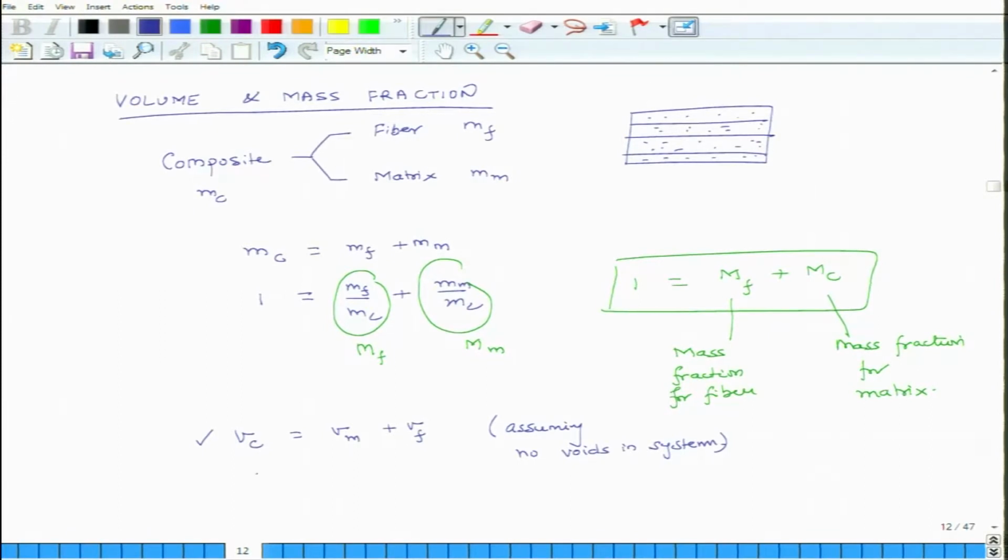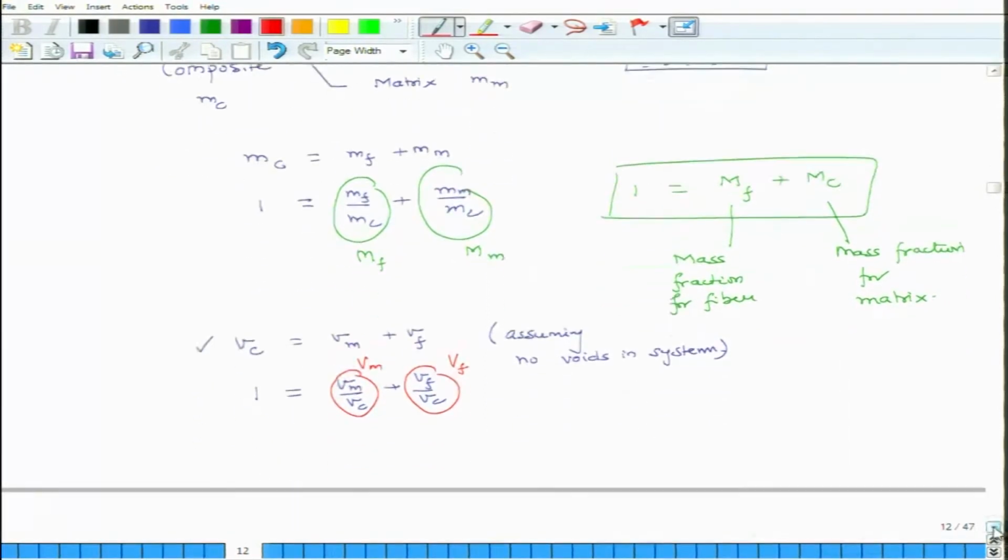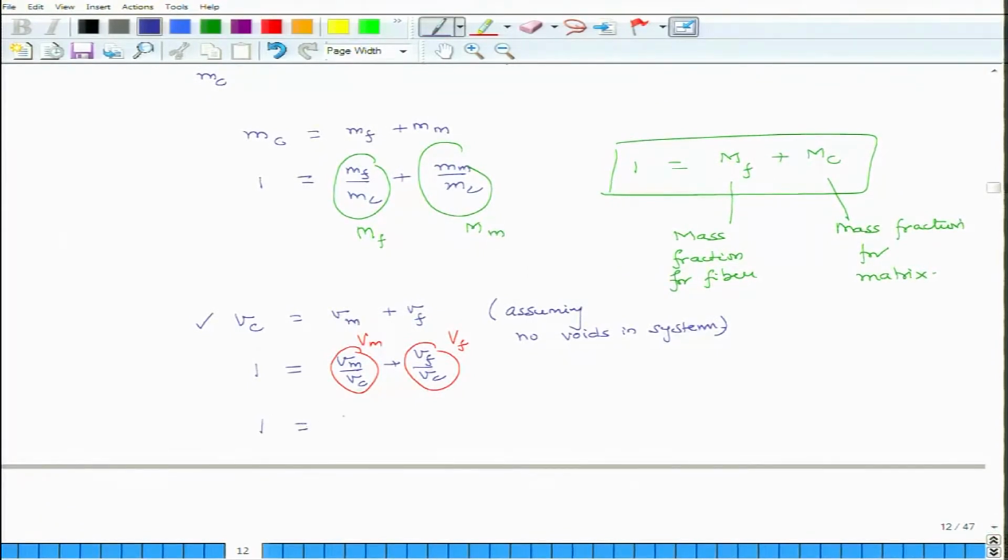Okay. So, I will divide this equation by Vc. I get 1 equals Vm over Vc plus Vf over Vc, and this is capital Vf, this is capital Vm, and what that means is 1 equals Vf plus Vm, and these Vm and Vf are volume fractions for fiber and matrix.